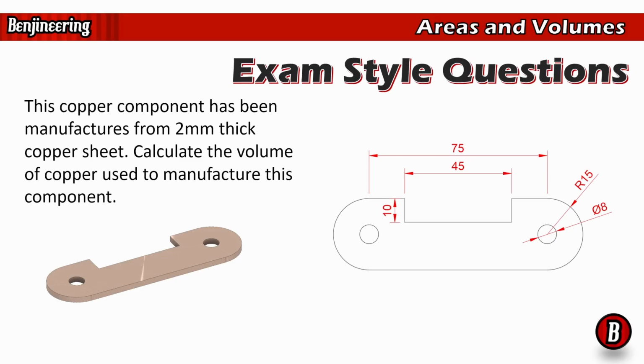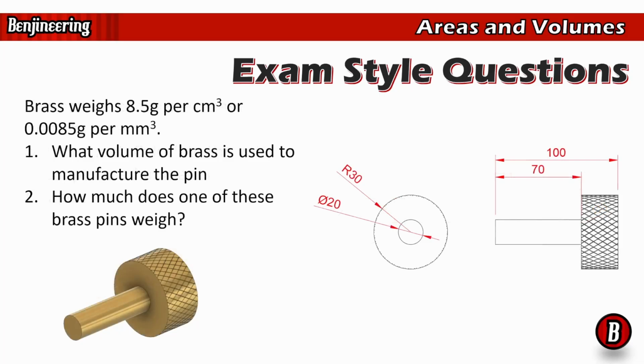Right. Let's have a look at the next one, which in some ways is easier and in some ways is slightly more difficult. So in this example, what we're working out is the volume of this brass pin. So how much material is contained here, but also how much does it weigh? All right. So I've given you the mass of brass.